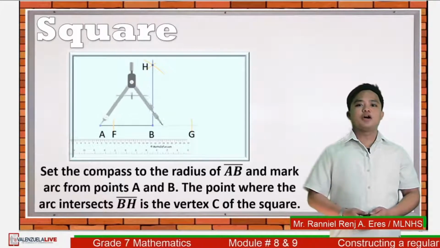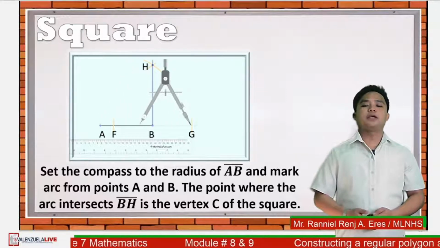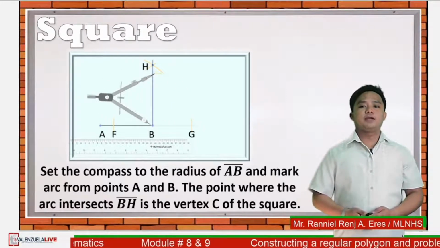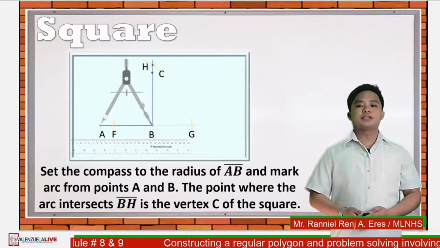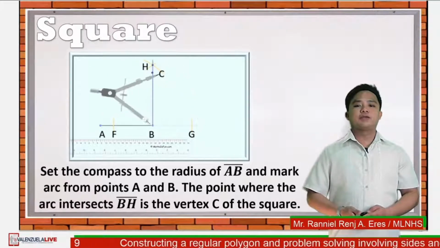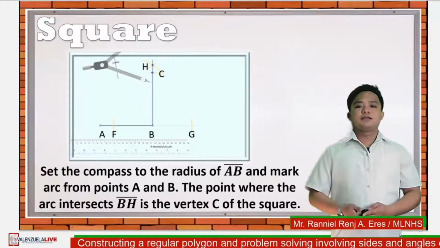Next is set the compass to the radius of line segment AB and mark the arc from points A and B. The point where the arc intersects line segment BH is the vertex C of the square.